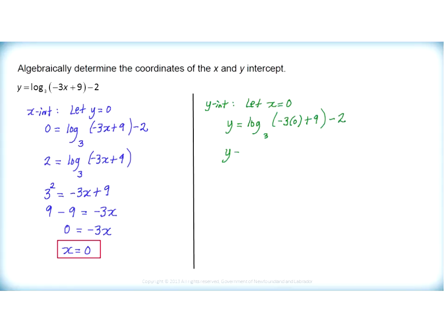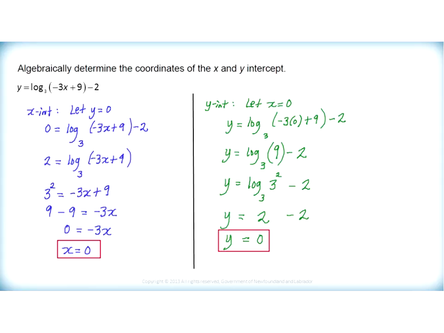So we have y equals the log of negative 3 times 0, which is 0, plus 9, which is just 9, to base 3, minus 2. So then we can rewrite the number 9 with a base of 3. The number 9 is 3 squared. Again, subtract 2. The log of 3 squared to base 3 is just equal to 2. And 2 minus 2, we have y equals 0.